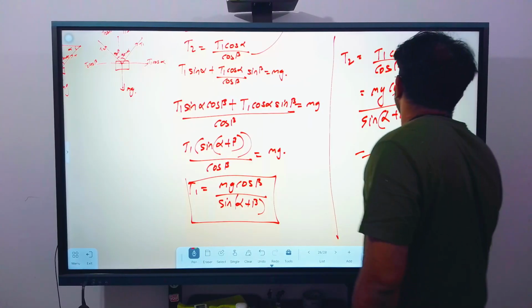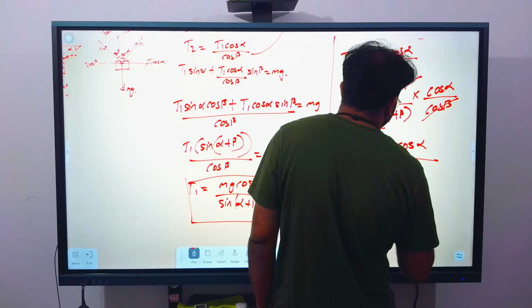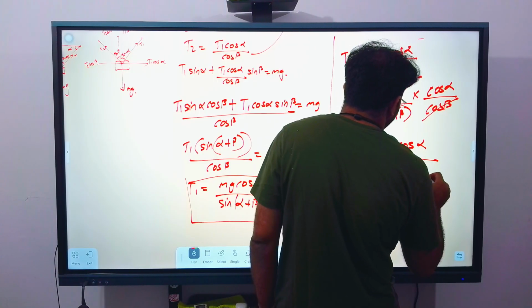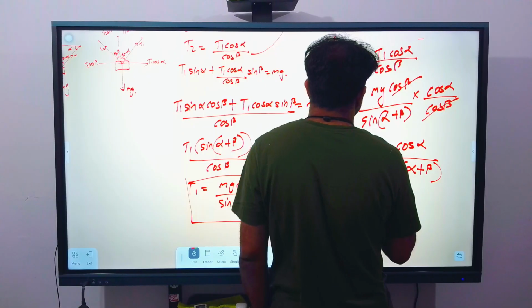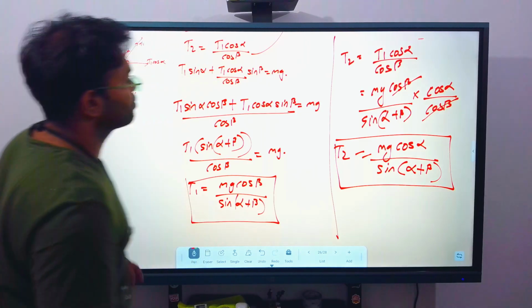This gets cancelled. So we'll be left with mg cos alpha upon sine alpha plus beta. So this is T2. Clear?